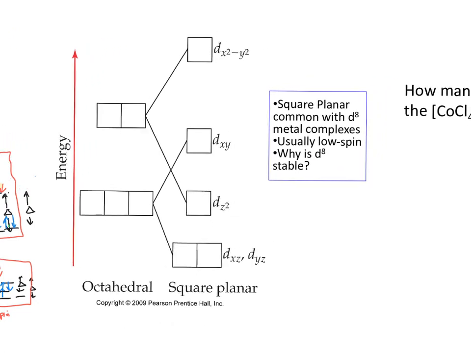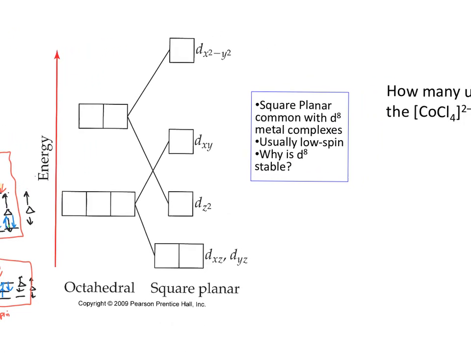Lastly, square planar complexes, we have this configuration. 1, 2, 1, 1, 1. And the reason, as we go from octahedral, so remember in octahedral, this would be our dz squared, dx squared minus y squared, dxy, dxz, and dyz.